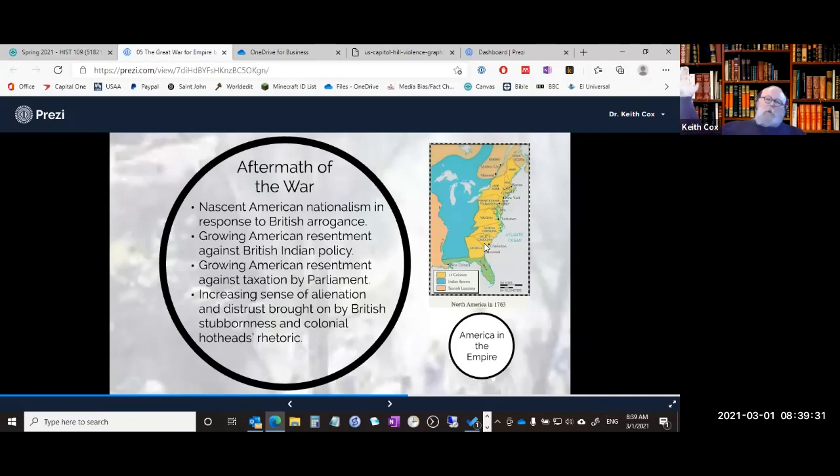It's not like they all start to think of themselves as the same. They still see themselves as different, right? In terms of the colonies that they live in, but they'll start to see that they have one thing in common that separates them from the British, and that is that they're Americans. You follow me here? And that's going to be an important development in the creation of a sense that America can be independent.